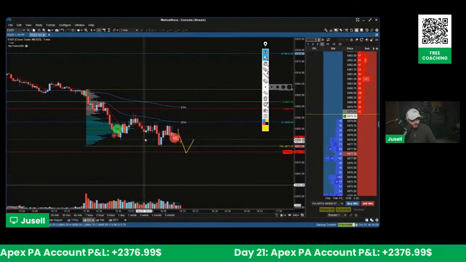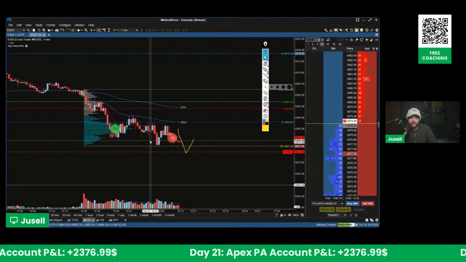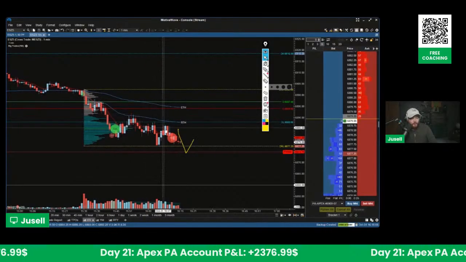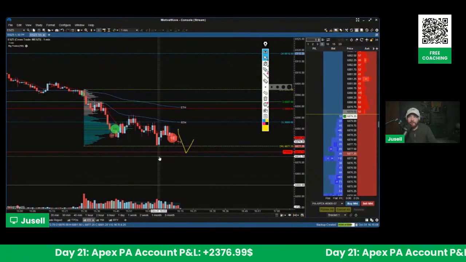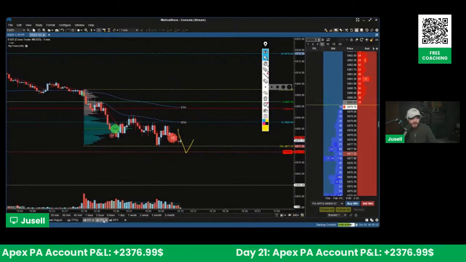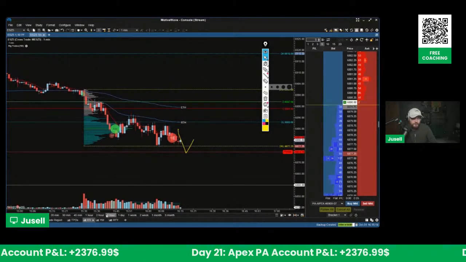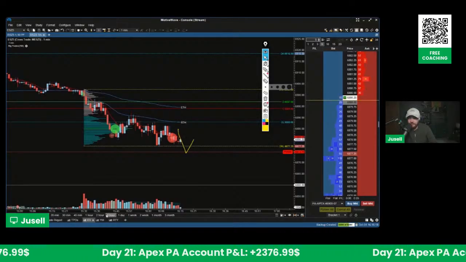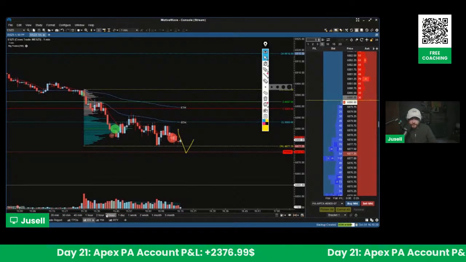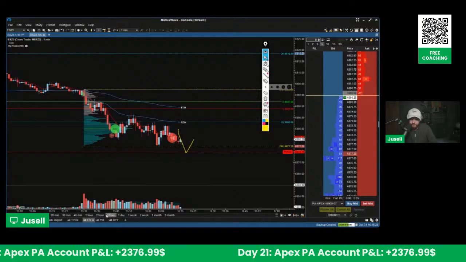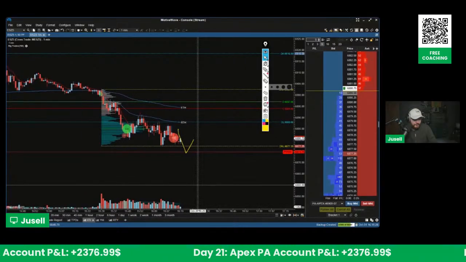There's not really a lot of money to be made unless you pretty much were short from the opening bell. Then you probably could have a profitable trade. But otherwise, there's really no money to be made in ES today. Maybe if you're a very tight scalper, you might have something, but otherwise, I don't really see too much on ES.